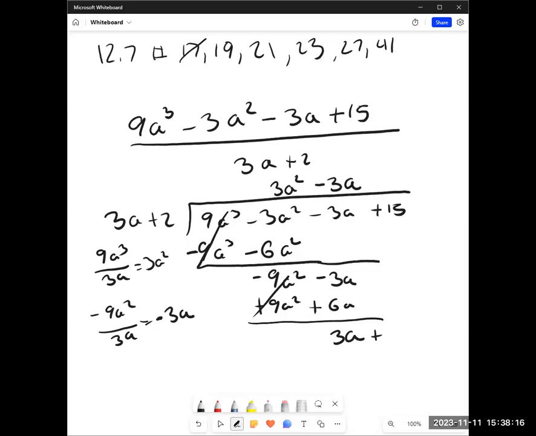Bring down my positive 15. 3a divided by 3a is 1, plus 1 here, 3a plus 2, change my signs and add. 15 minus 2 is 13. Write that remainder over your divisor.